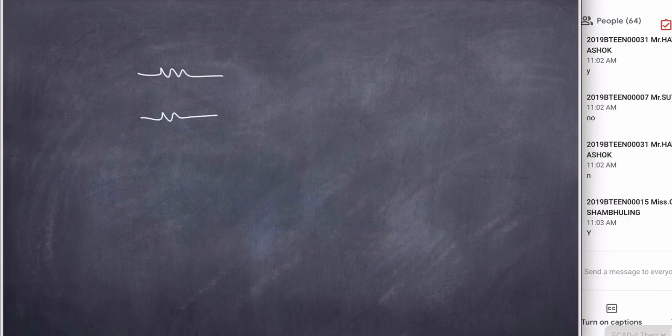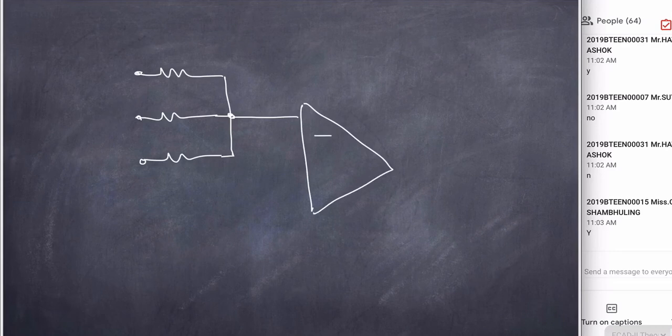Shall we take another example? Suppose there is an adder circuit. Of course, the circuit will not be given to you. Only the adder circuit will be specified to you. You should know the adder circuit. Inverting adder.